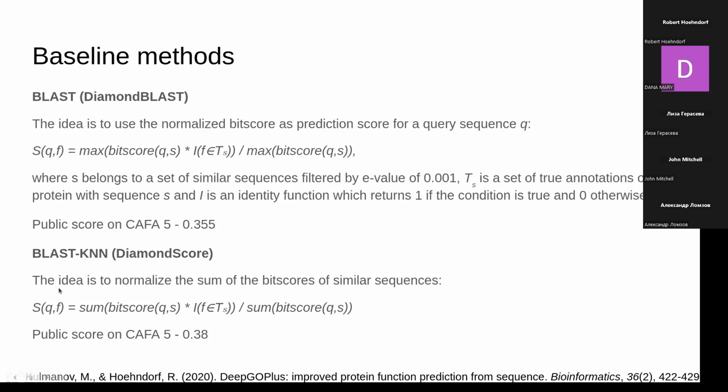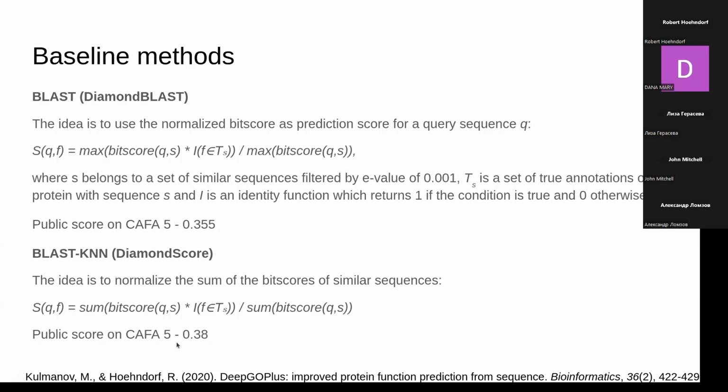Another baseline method normalizes by the sum of the bit scores of similar sequences. I have tested both methods on CAFA 5, and I obtained these results. These methods are baseline, but they are rather effective.